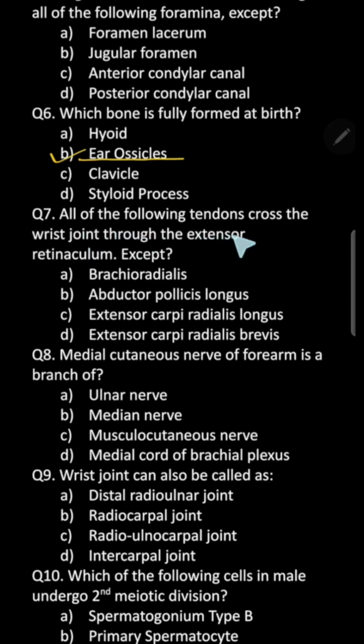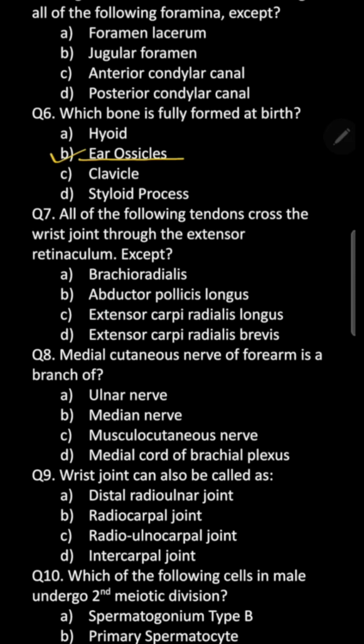All of the following tendons cross the wrist joint through the extensor retinaculum except brachioradialis, abductor pollicis longus, extensor carpi radialis longus, extensor carpi radialis brevis. I hope you know that there are 6 compartments below the extensor retinaculum, right? So from the first compartment, it is the abductor pollicis longus along with extensor pollicis brevis that comes out.